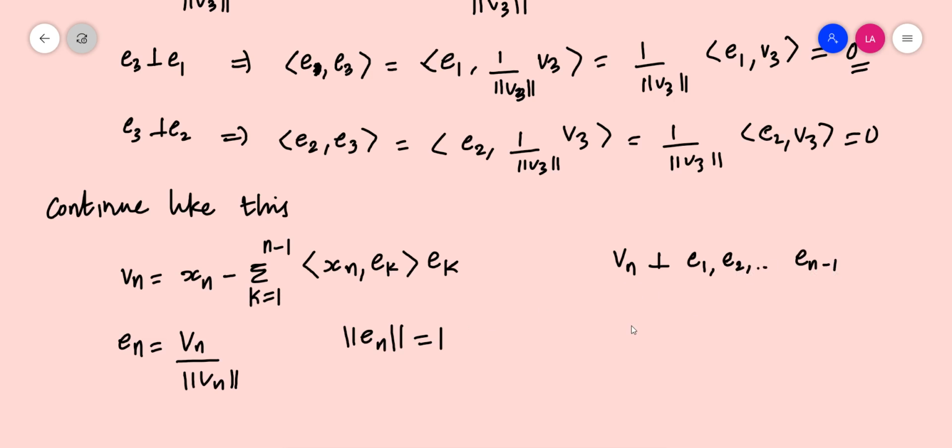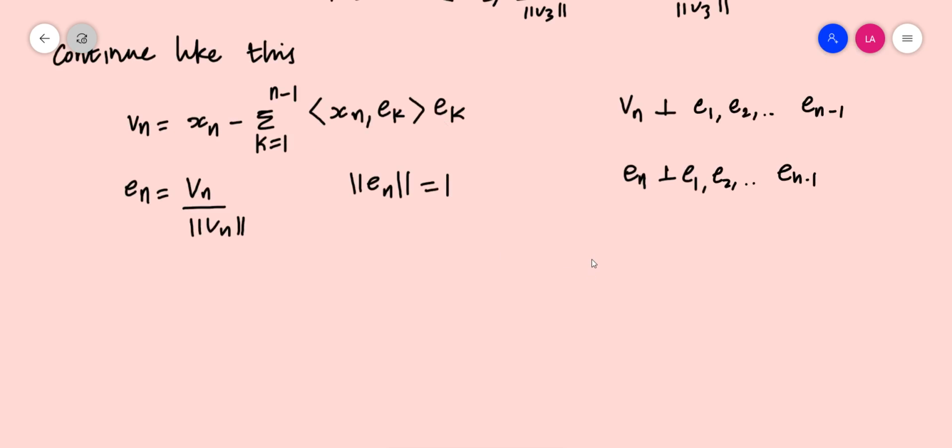So from this we can easily say that En is orthogonal to E1, E2, etc., En minus 1. This can be easily established. Thus we can construct an orthonormal sequence from a given set of linearly independent vectors.